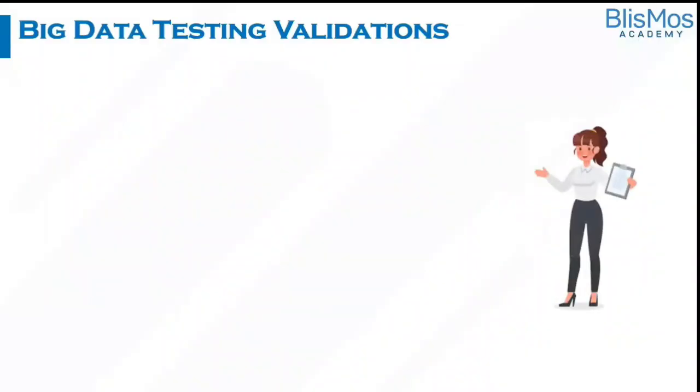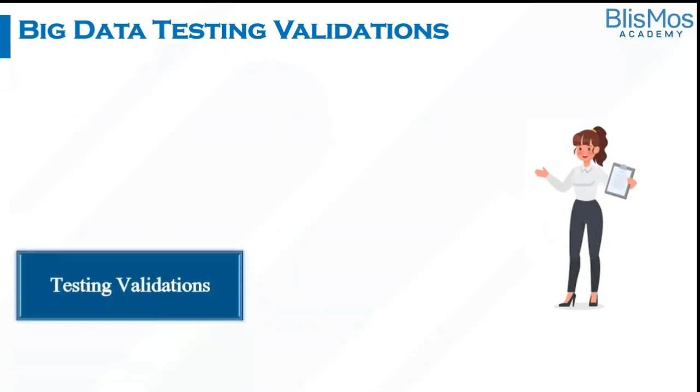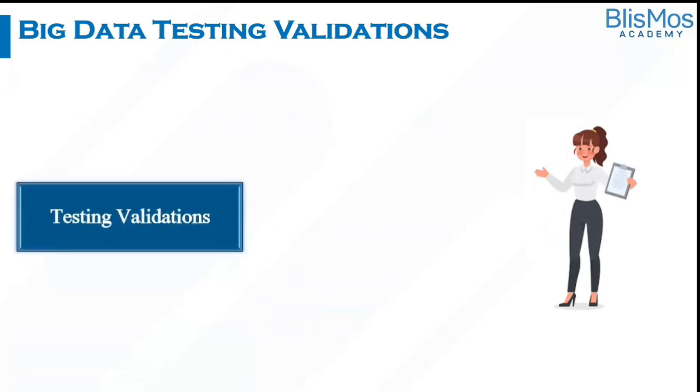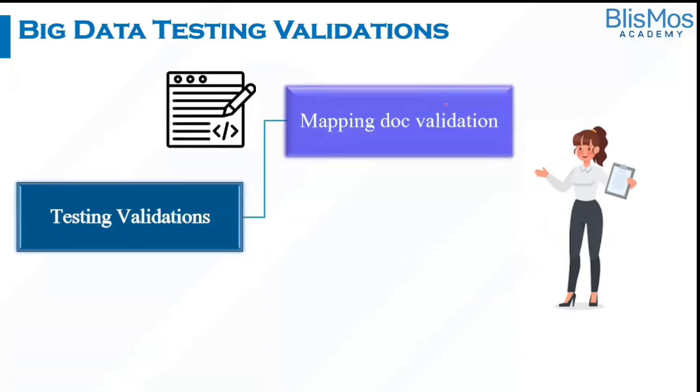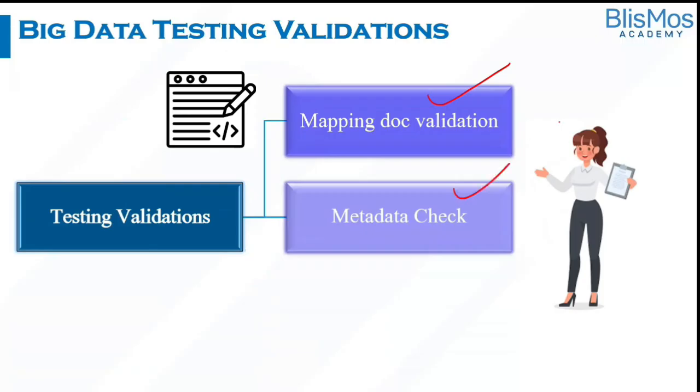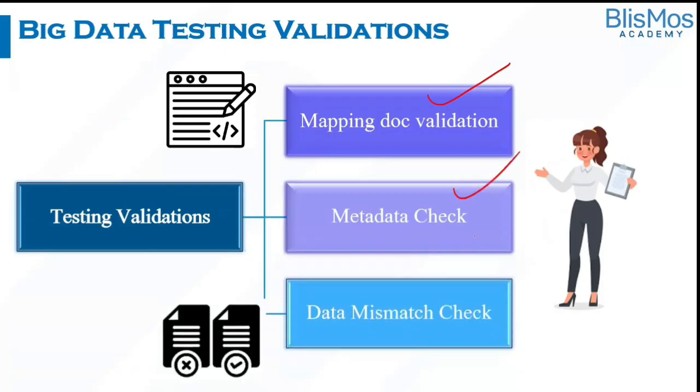We understood there are 3 important types of big data testing validations. They are mapping document validation, metadata check, and also data mismatch check. If you recollect, in the previous videos, we have completed the mapping document validation.